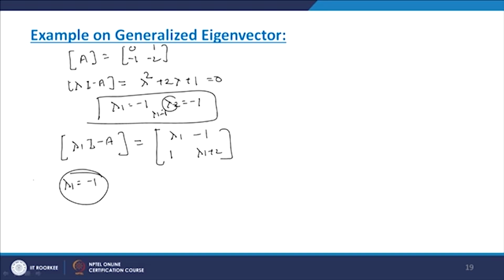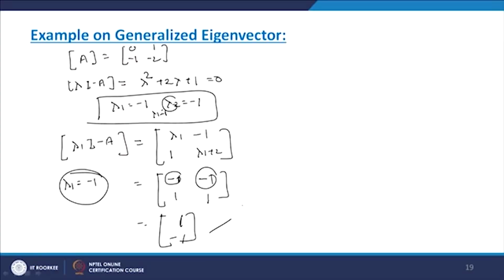When lambda 1 equals minus 1, we can write this as minus 1, minus 1, 1, 1. Now, in order to get the eigenvector, we will take this part as a cofactor part. So we can write 1 and for this we can write minus 1. That means we have got the eigenvector for lambda 1 equals minus 1.